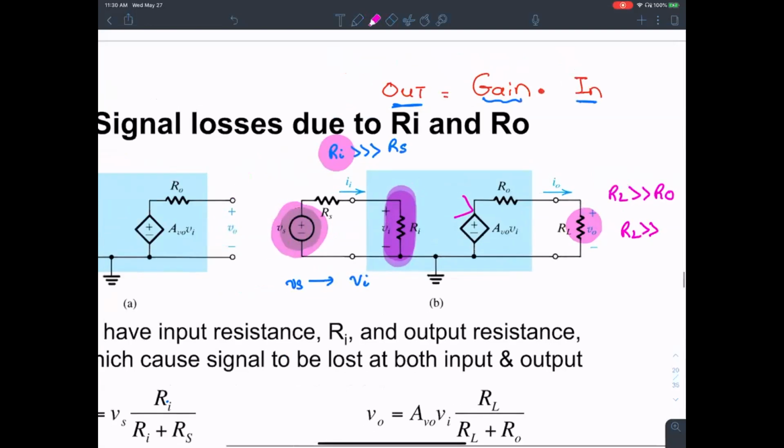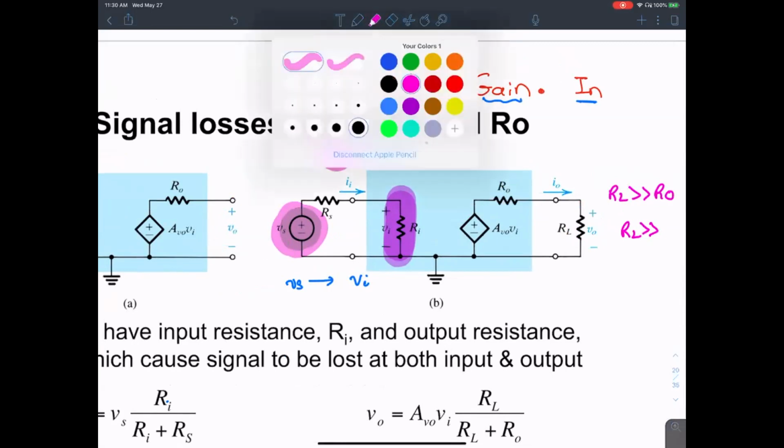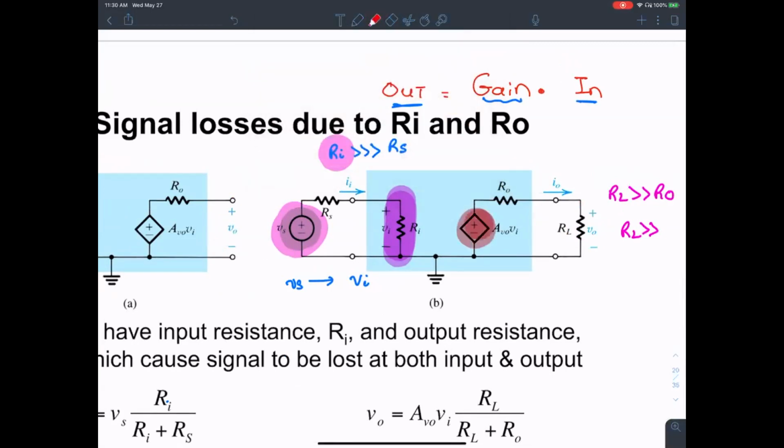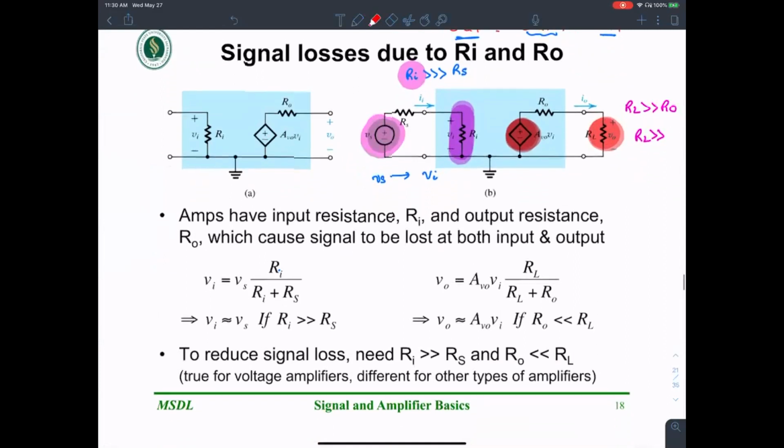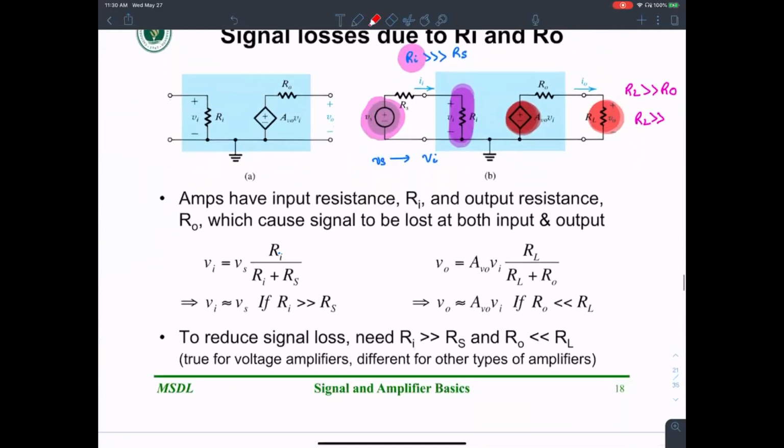Therefore, you make Ri large. Similarly, by the same argument, R0 is non-ideal. I really would like it to be 0. I don't want any signal lost here. I ideally want all of this amplified output to show up on my load. Therefore, I make the load a really, really big value compared to R0. So the one that you decide is the one that you want to dominate.